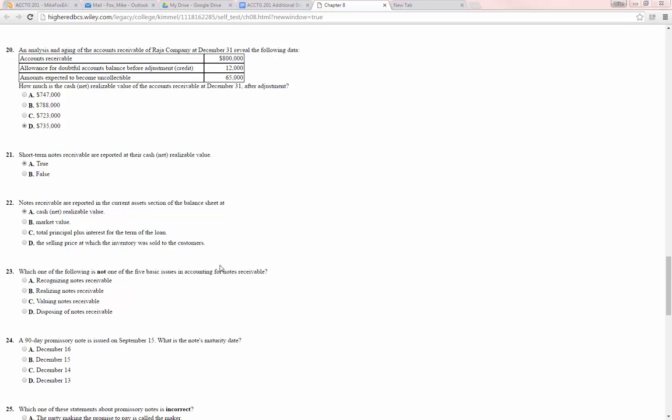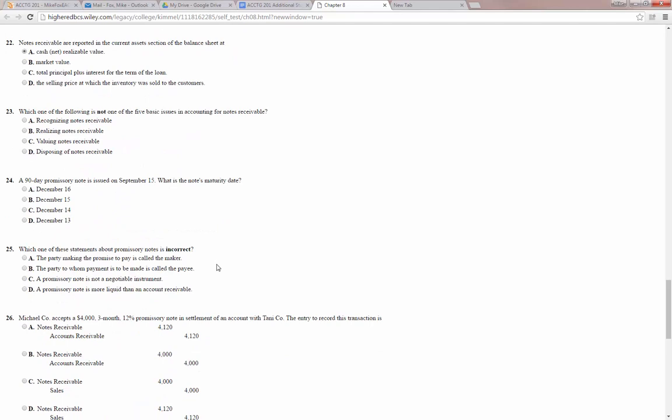All right, number 23, which of the following is not one of the 5 basic issues in accounting for notes receivable? Recognizing, realizing, valuing, disposing. So apparently we have 5. I didn't know that those were the 5 things, but I bet you that's how it's written in the book.